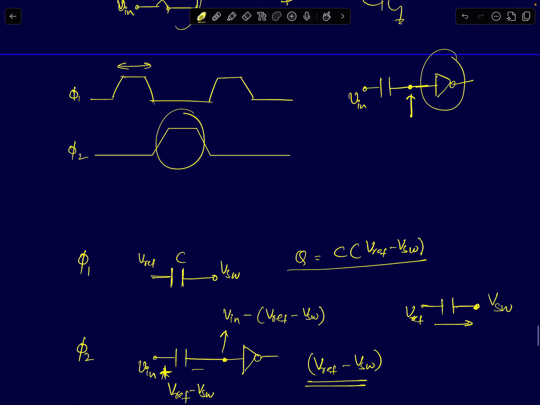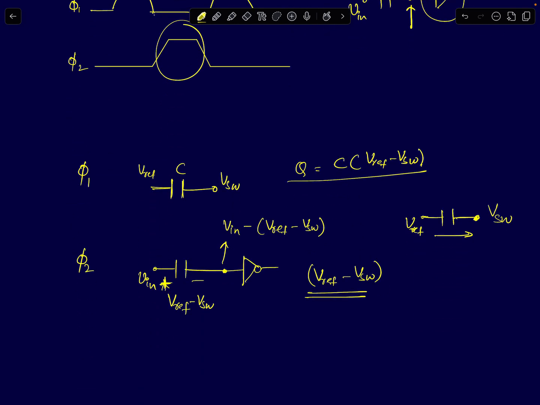For that, you can just use this fact. During the clock phi 1, when phi 1 was high, the capacitor was storing a charge of, assuming the cap value C, C times Vref minus VSW. This node is at Vref, this node is at VSW, so the voltage across the cap is Vref minus VSW.